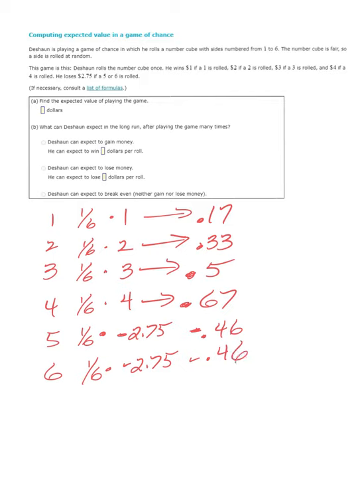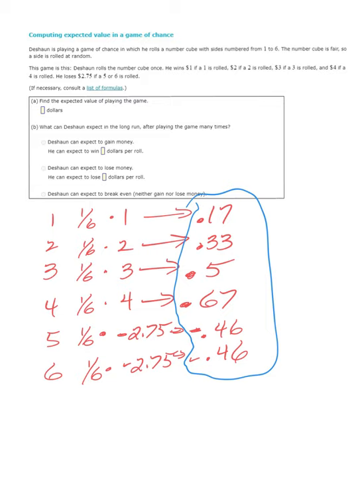All right, so I just multiplied the probabilities times the value that they could win on each one of those rolls. And now what I need to do is add all of this up right here and see what I can expect.